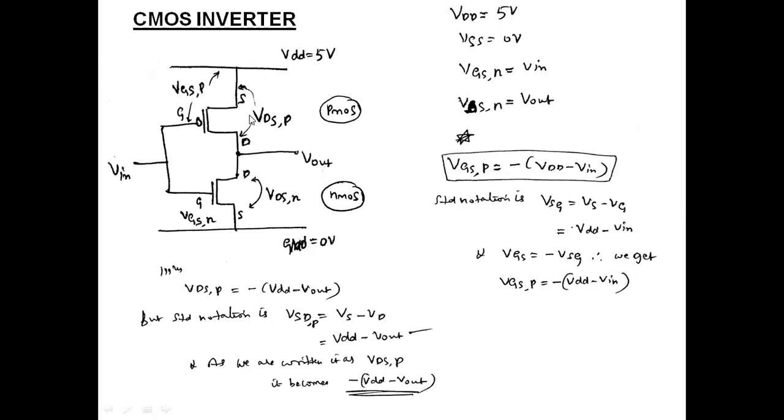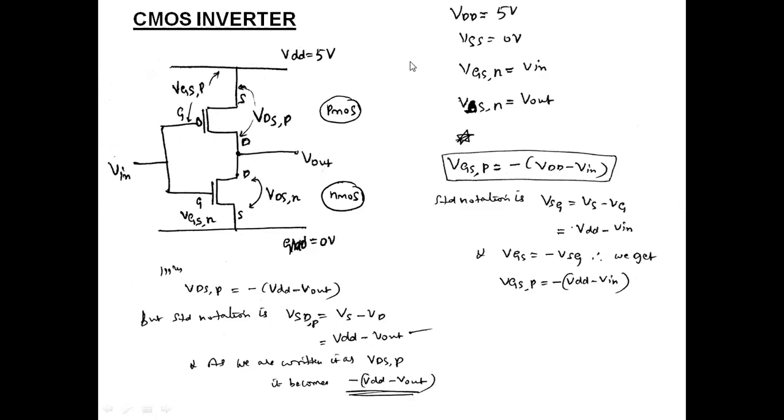So for this particular circuit, this VIN is applied to the gate, the common gate of NMOS and PMOS, and at the drain of both the devices, I can take out the output point. So this whole circuit has a single input and single output.